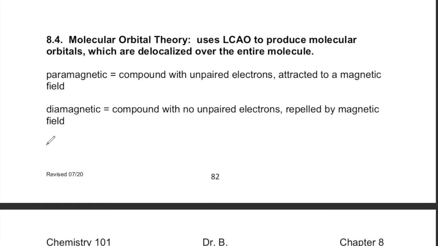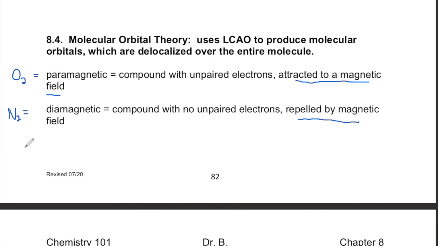We have some videos in Canvas where we can see that liquid oxygen is magnetic. It's attracted to a magnetic field, which means that oxygen should be paramagnetic. And if there are no unpaired electrons, the compound would not be attracted to a magnetic field, it would be repelled.